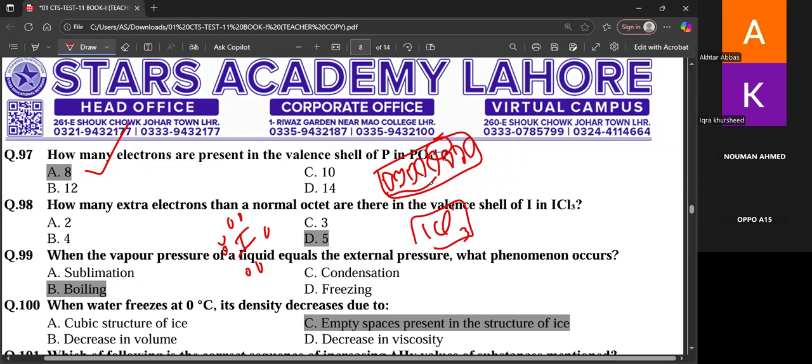And chlorine also belongs to group 7, and there are three chlorine atoms, so one electron is shared with each. The total electrons shared are 1, 2, 3, 4, 5. 5 electrons are shared. So how many electrons are left? These are two electrons, these are two electrons. It means 4 electrons are left. So your best option is beta. It's not delta. Your best option is beta.